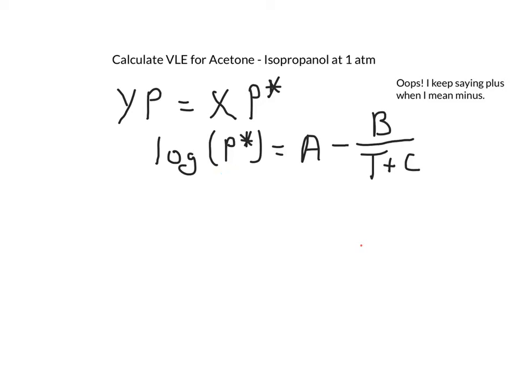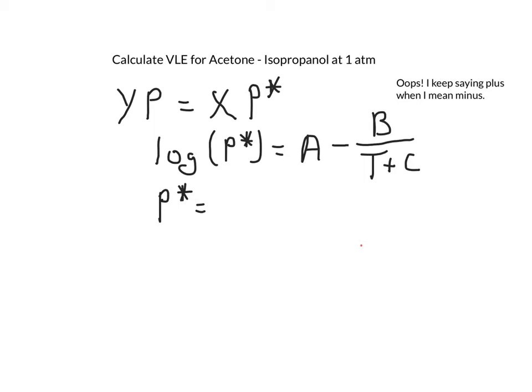But in the NIST data tables, the temperature is in Kelvin and the pressure is in bar. And sometimes you'll find resources that have the natural log here rather than the log base 10. So lots of things to pay attention to, but you should get the correct answer if you use the right units.